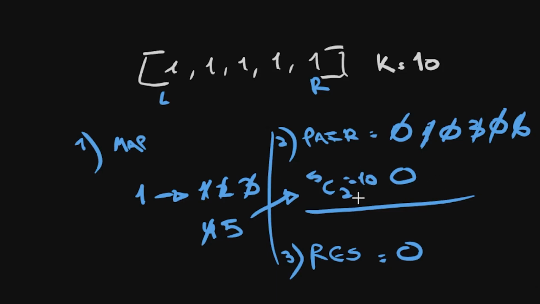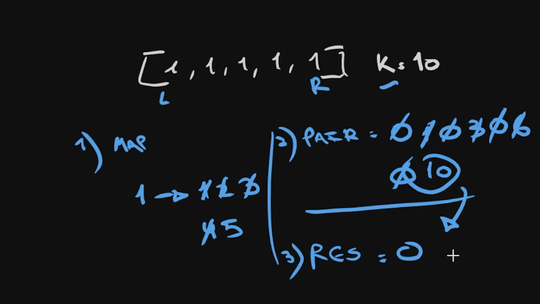This is 10, so now we have 10 pairs, and 10 equals k. What this means is now we can add subarrays here. How many subarrays? Well, n minus r subarrays. So in this case, we are adding 1 subarray only.